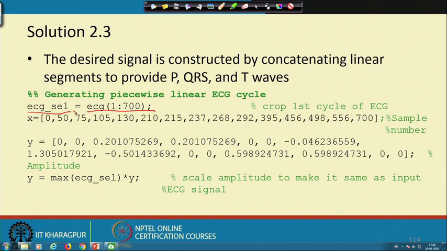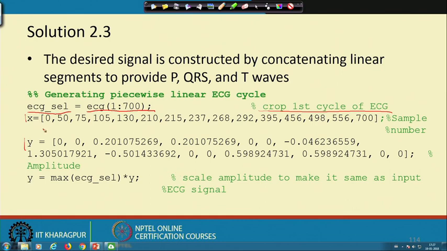Now, the first cycle is cropped and we have used it for the display, and because of the use of the ginput command we also get two vectors x and y, which give the coordinates of those points where we have clicked.